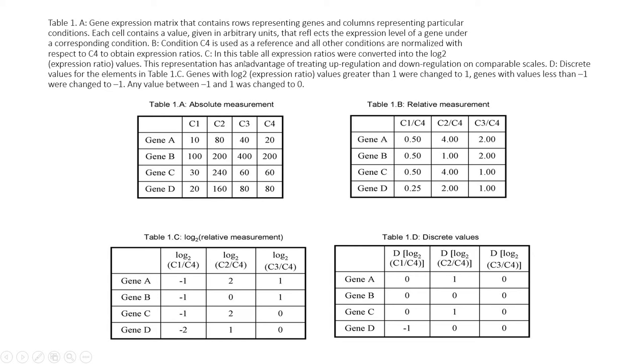So in this table, all the expression ratios were converted into the log2 expression value. This representation has an advantage of treating up regulation and down regulation on comparable scale, because for the up regulation we can say if that is greater than 0 that shows the up regulation, if it is less than 0 it shows the down regulation.